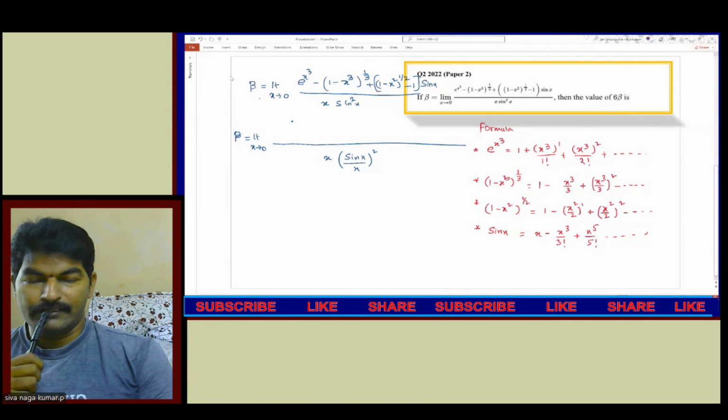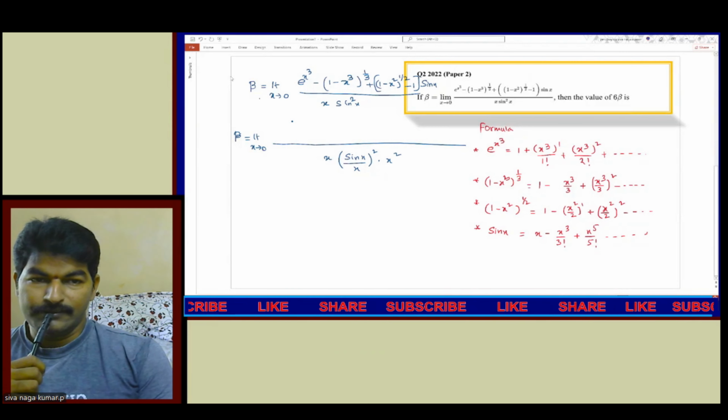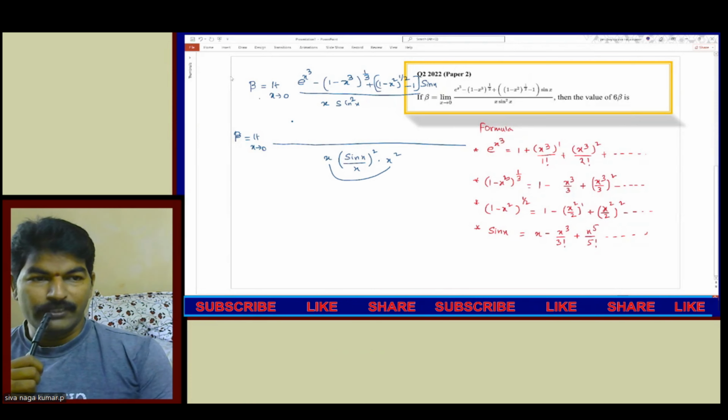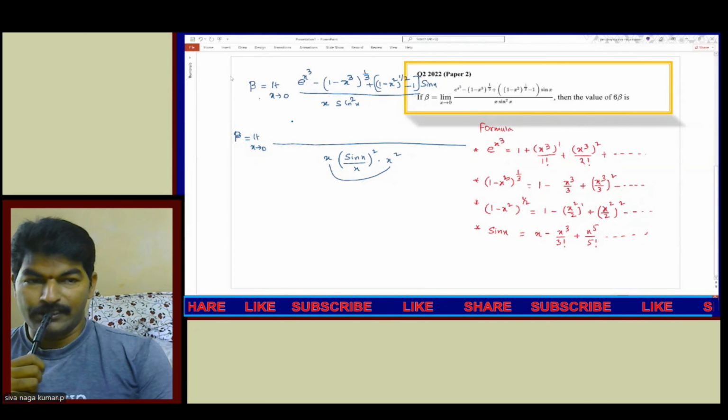I divided by x square and multiplied by x square. Why are we doing this? You know that limit x tends to 0, sin x by x is 1. So of course sin x by x will become 1. Now in the denominator, look at these two terms, x into x square, they multiply together, so x cube. So we need only x cube terms in the numerator. Keep in your mind that x cube terms are needed.